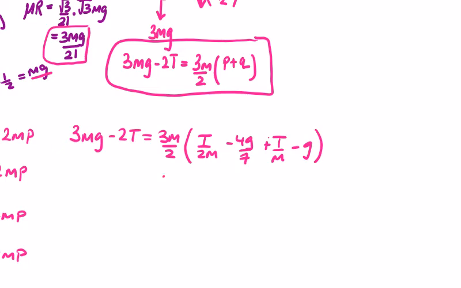Let's simplify the bracket first. 3m over 2 times these two added together. The denominator will be 2m times m, and we're cross multiplying, so we're going to get mT plus 2mT on top. And then we have minus 4g over 7, and if I put a 7 in, that will be minus 7g over 7, so that will be minus 11g over 7.